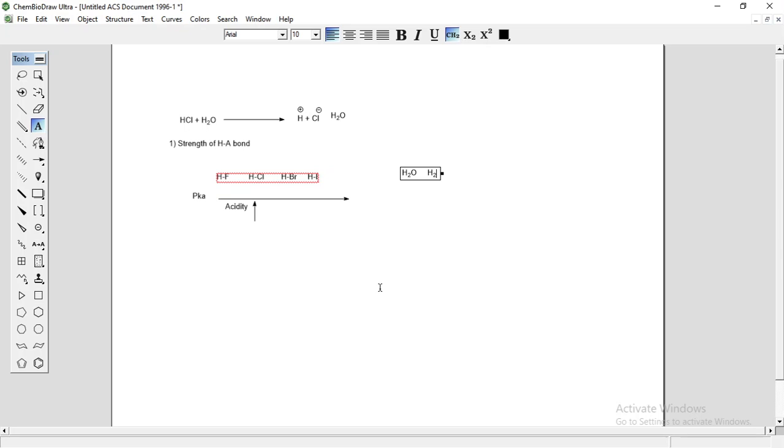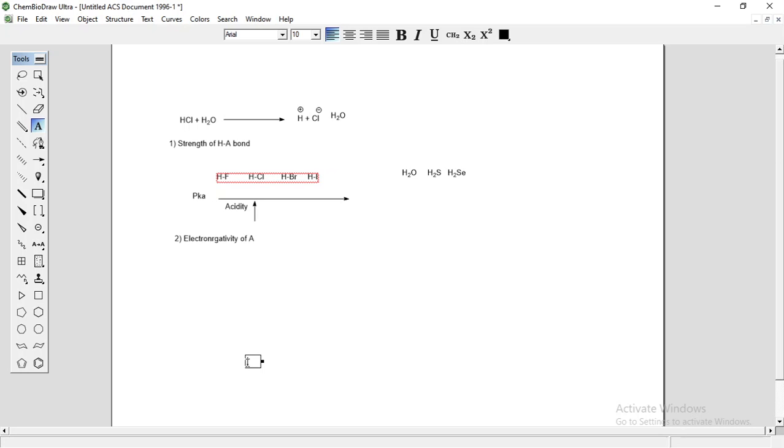The second factor is the electronegativity of A. The electronegativity of the atom which is bonded to hydrogen affects the polarity of the bond to the proton.